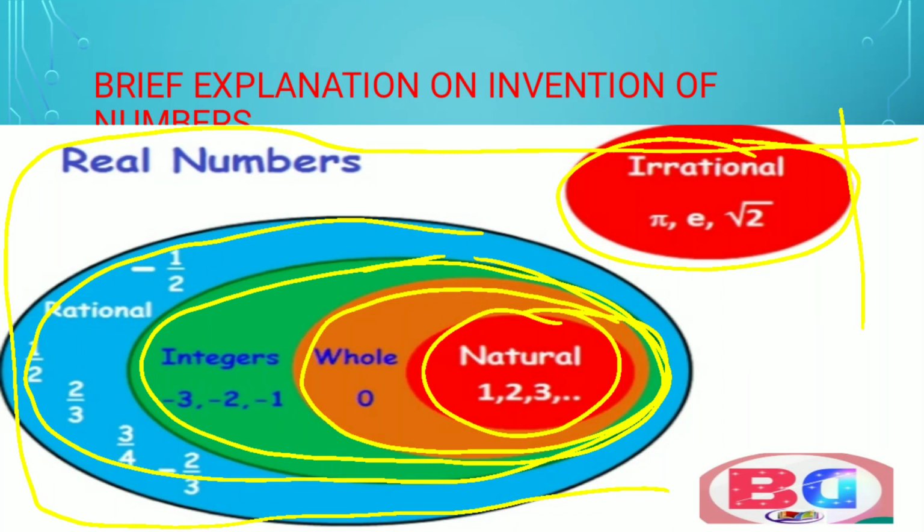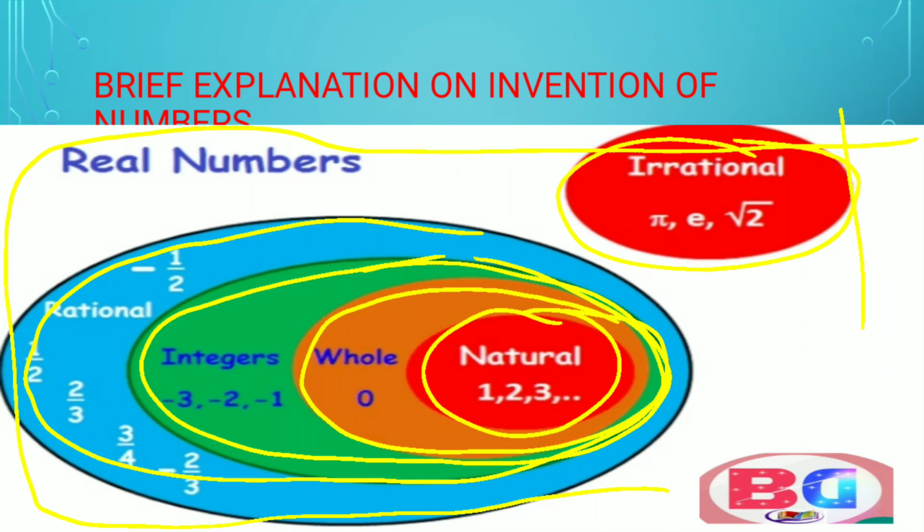From the given diagram, the conclusion is that natural numbers come under whole numbers, which come under integers, and integers come under rational numbers, and rational and irrational numbers come under the real numbers. It means all natural numbers are whole numbers, all whole numbers are integers, all integers are rational numbers, and all these numbers are real numbers.